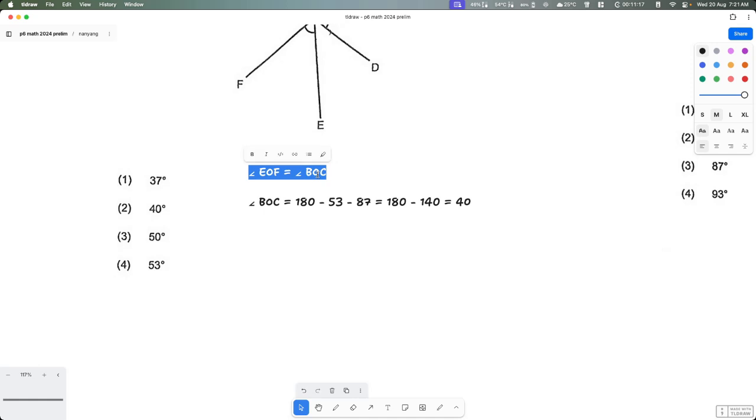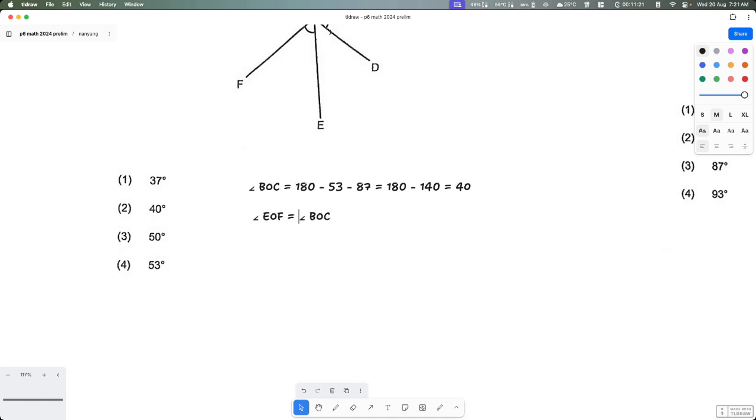So I'm just going to put it like this. Okay, 40 degrees. So BOC is equal to EOF, which is equal to 40 degrees. Okay, there you go. So the answer to this is option number 2.